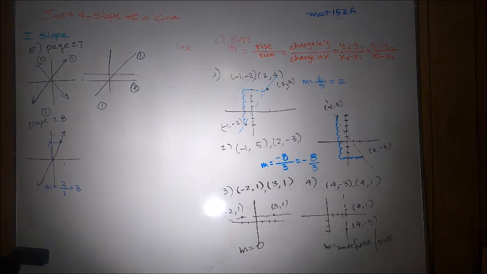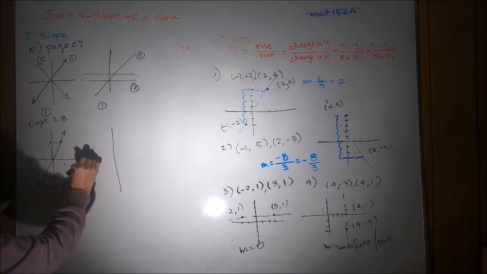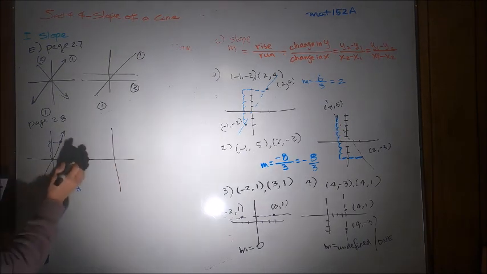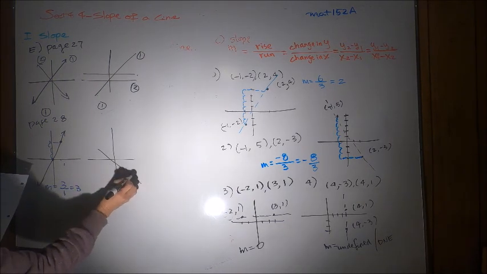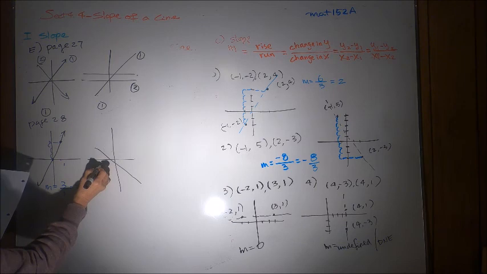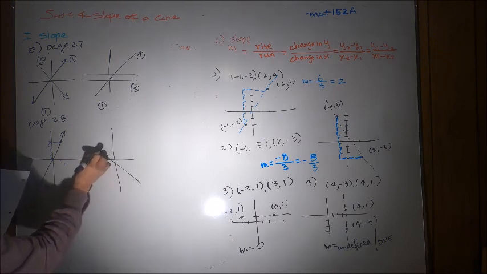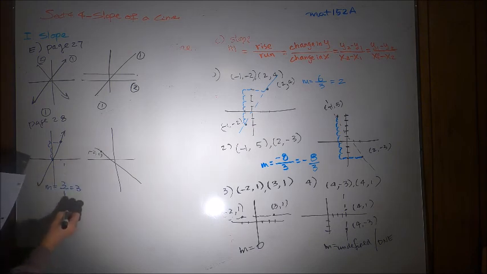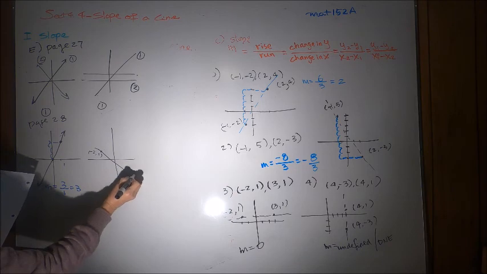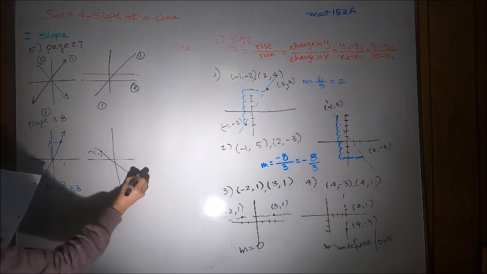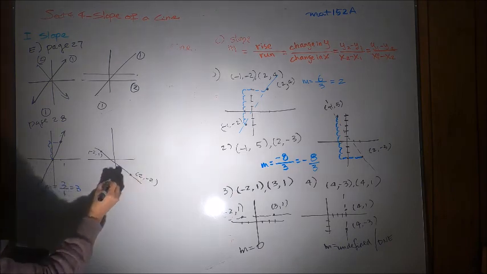And next one, we have the graph looks like this. Then it gives you 2 points. Here it is -2 and 1, right? Then another point given would be -2 and -2.